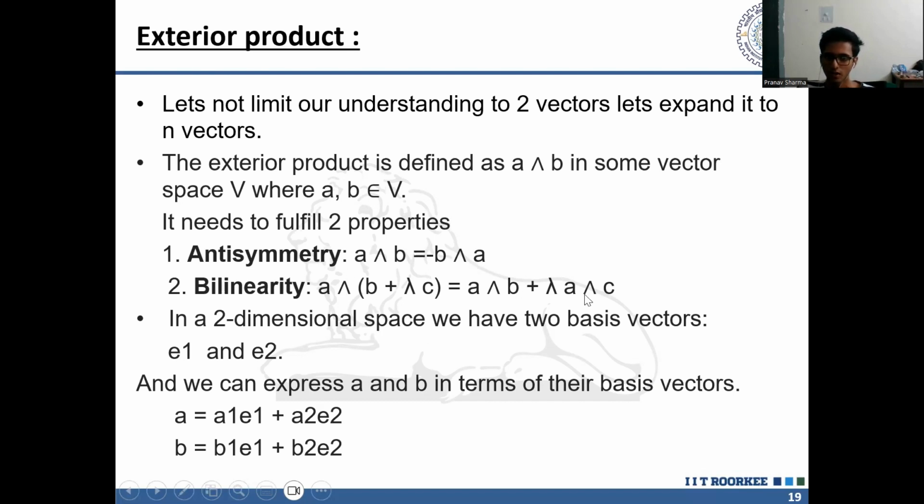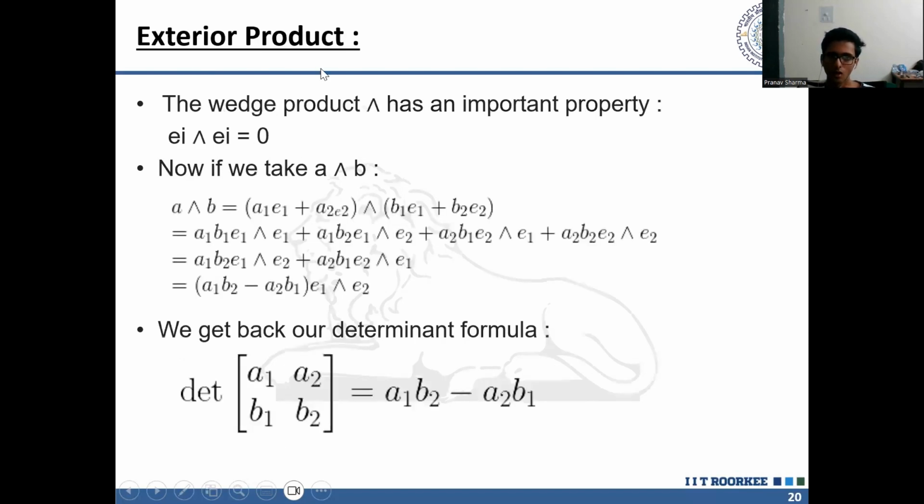Now in a two-dimensional vector space, let's say we have two basis vectors E1 and E2, and we can express A and B in terms of their basis vectors. So A is equal to A1 E1 plus A2 E2, and B is equal to B1 E1 plus B2 E2. Now the wedge product has an important property that Ei wedge Ei is equal to 0. Now if we take A wedge B, then we get this computation.